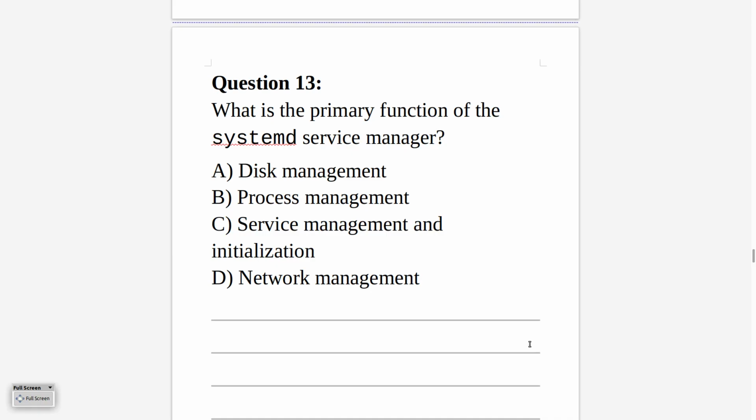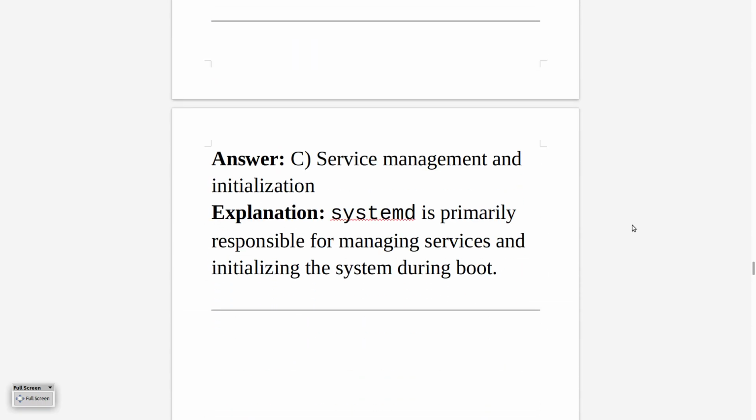It's not going to be disk, process, or network management. I mean, processes are related to services, and they are definitely inextricably linked. But to be more precise, the answer to this question is going to be C. It better be. Let's see what the answer is. Indeed. Service management and initialization is primarily responsible for managing services and initializing the system during boot.